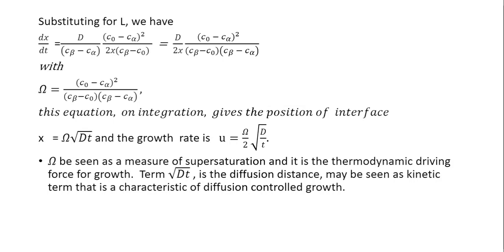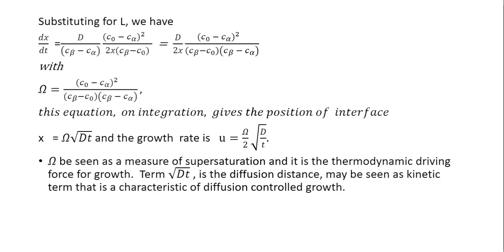Omega is seen as a measure of supersaturation, and it is the thermodynamic driving force for growth. The term square root of Dt is the diffusion distance and may be seen as the kinetic term characteristic of diffusion controlled growth.